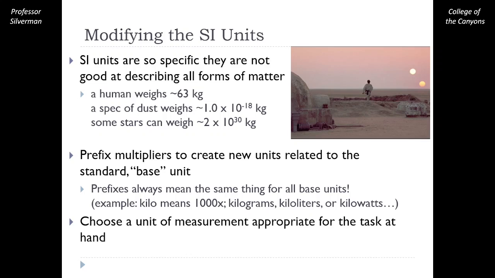Therefore, if we're talking about the mass of a human, we can say, okay, 63 kilograms, sure. But a speck of dust might be more useful in a different unit than kilograms because it's so small. Or alternatively, stars are so large that, again, kilograms might not be appropriate.